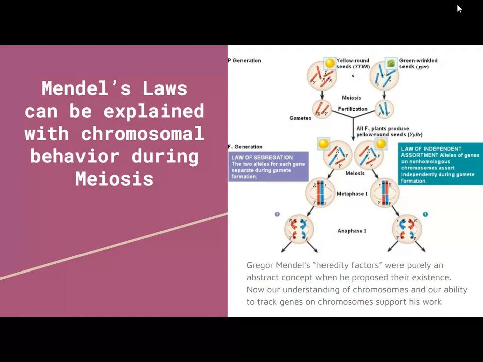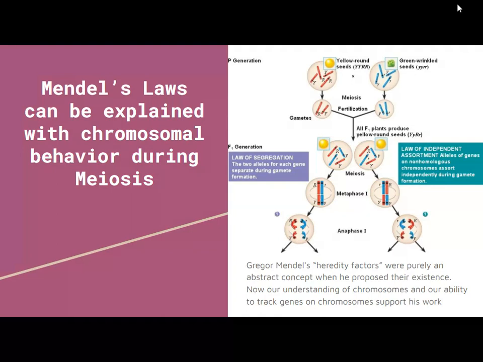So whenever Gregor Mendel came up with these laws, it was an abstract concept. He didn't know about how meiosis worked. He didn't know about what DNA was. He just knew that there were some sort of hereditary factors and they followed certain laws of probability.